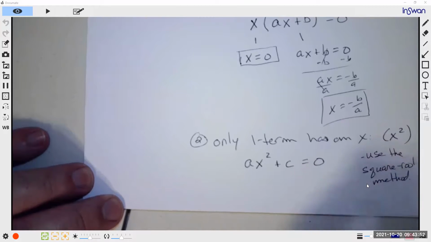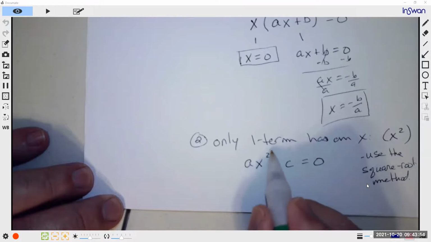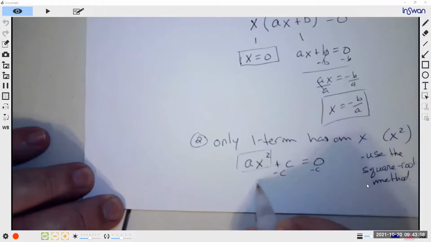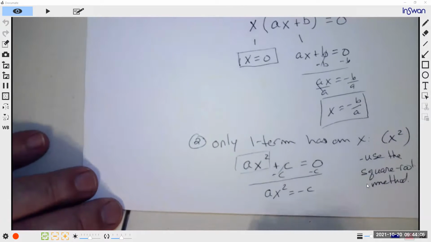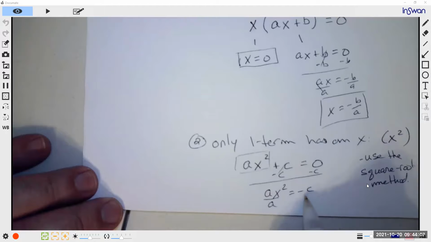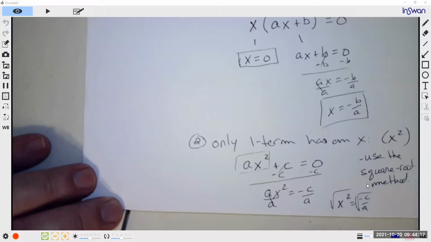The square root method simply says isolate the X. So move the C over. Divide by A. So we have X squared equals negative C over A. Then you square root both sides.